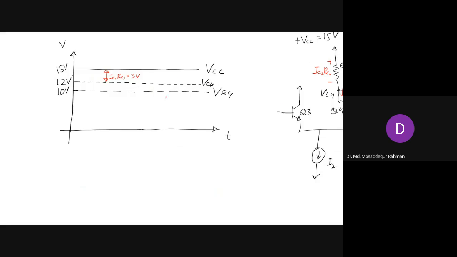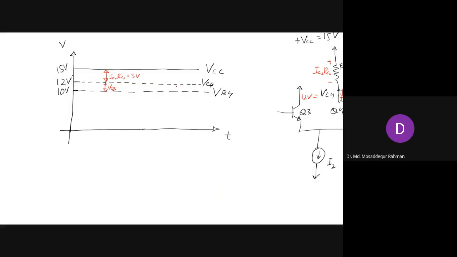And then you have the collector base junction reverse bias voltage VCB here. And then you have this VB4, which is at 10 volt. VB4 is at 10 volt, VC4 is at 12 volt, and then you have this 15 volt. So this will work perfectly fine, no problem.